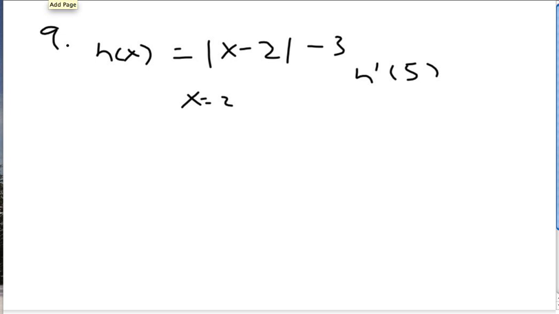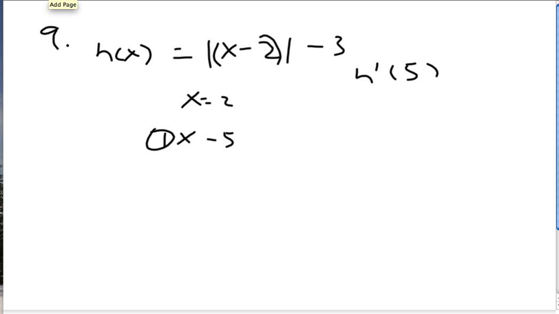When x is bigger than 2, then the function is just x minus 5, since the absolute value has no effect when x minus 2 is bigger than 0. Therefore, when x equals 5, because 5 is bigger than 2, the slope of this function is just 1. So the answer is B.